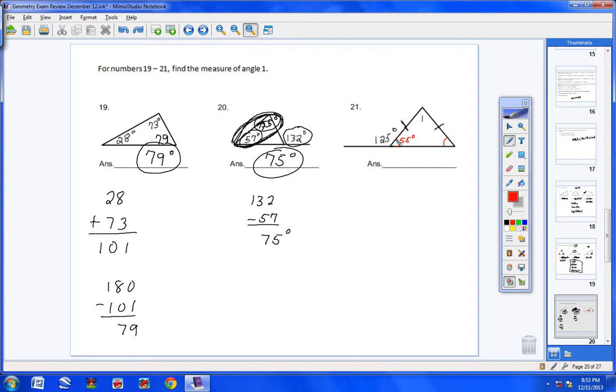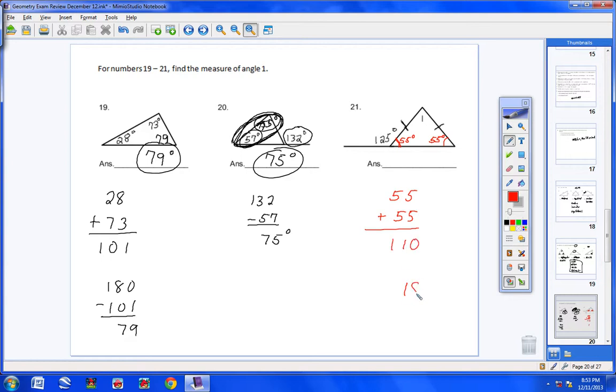Now, if this angle here is 55 degrees, did we not just learn that these two angles are congruent? Whenever two sides of a triangle are congruent, their opposite angles are congruent. So if this is 55 degrees, then I know this is 55 degrees. And I know that all three angles inside of this triangle have to add up to 180, so I take 55 plus 55, and I get 110.